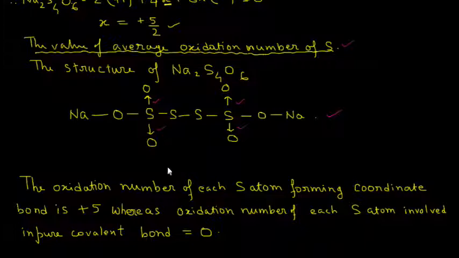The oxidation number for each S atom forming a coordinate bond is +5. So how many covalent bonds are there? 1, 2, 3, 4 and 5. 5 covalent bonds are formed with the S atom to its neighboring atom, and 4 coordinate bonds are formed.